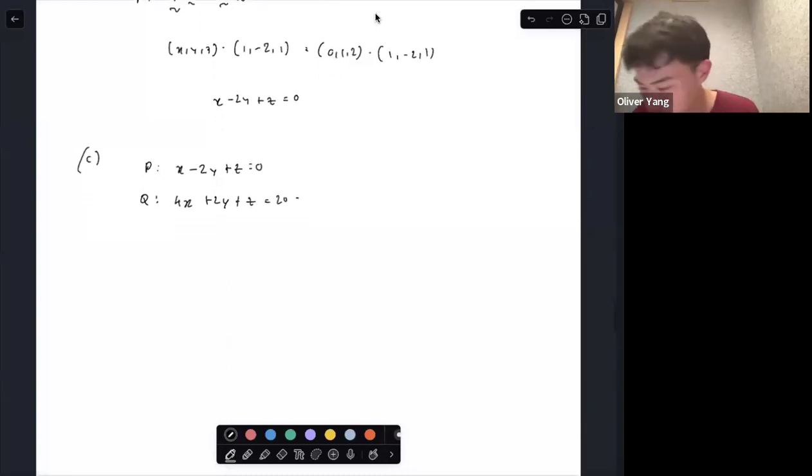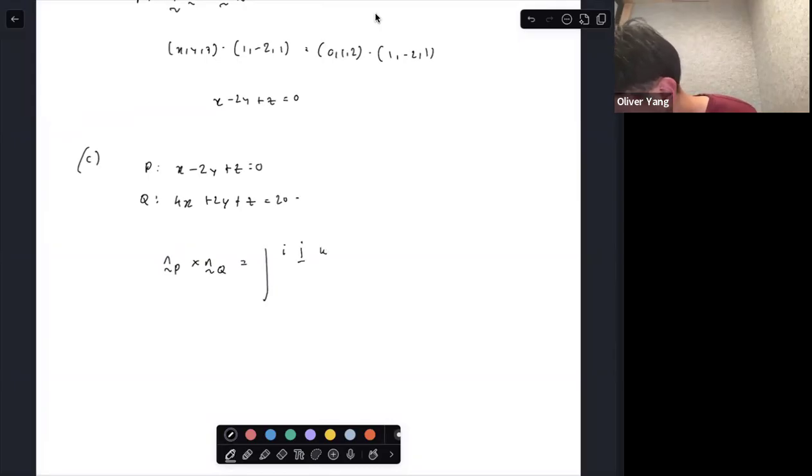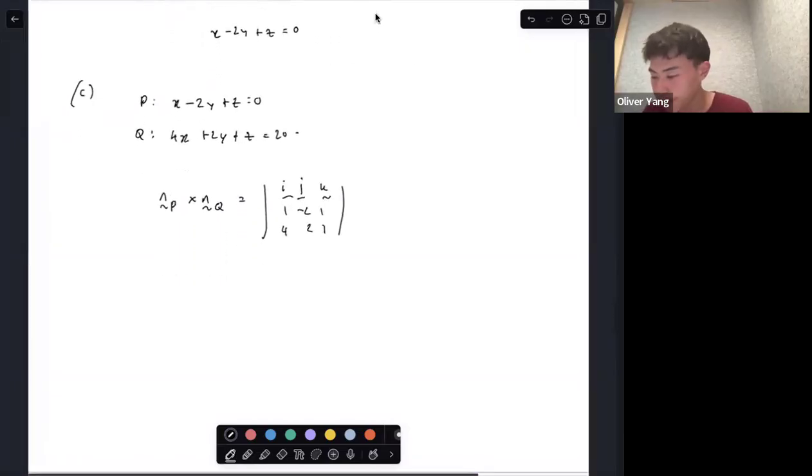All right, so we get N of P times N of Q equals our formula. So this will be 1, -2, 1, 4, 2, 1. Right. And then we're going to expand this because this is just doing a determinant of a 3 by 3.